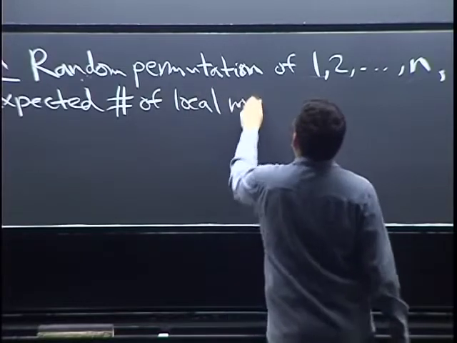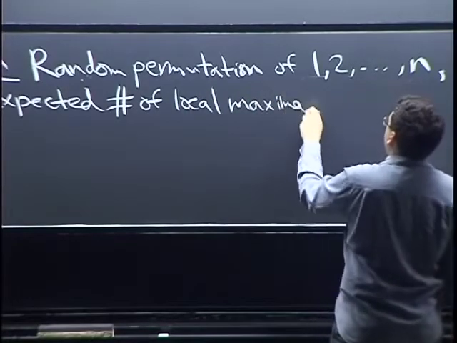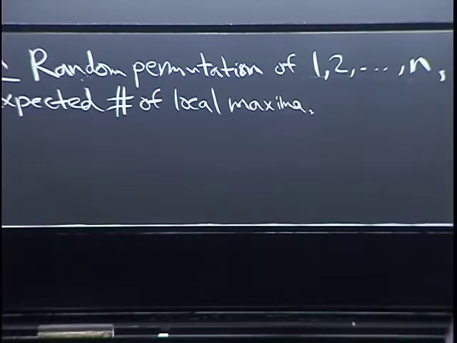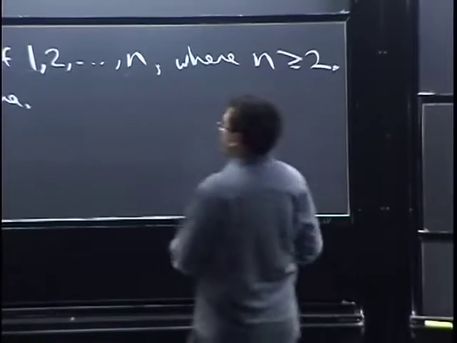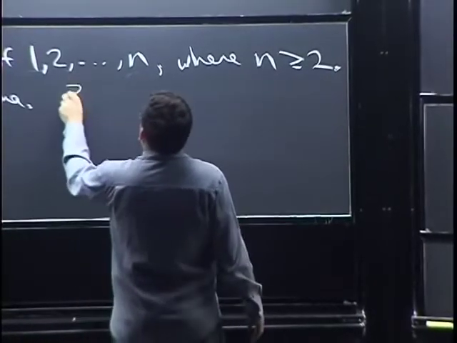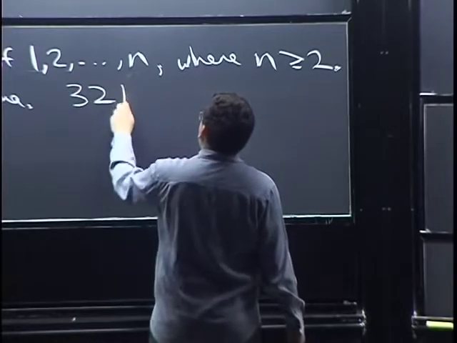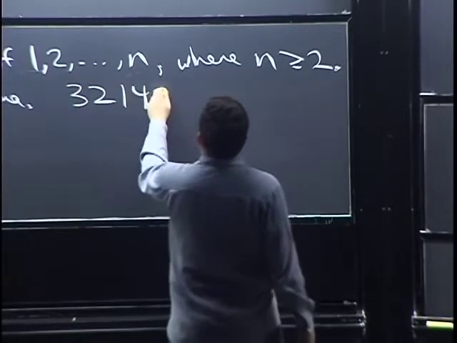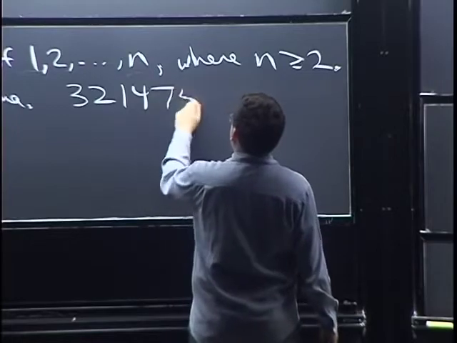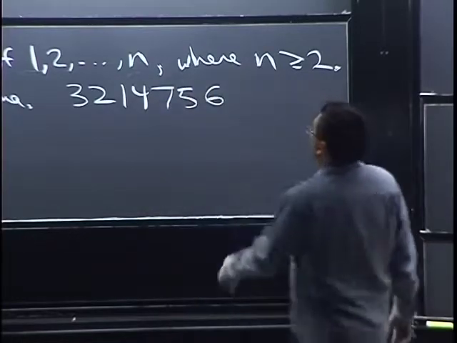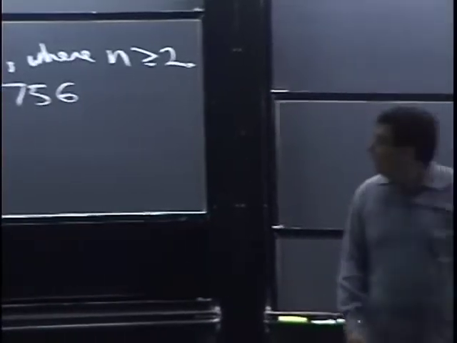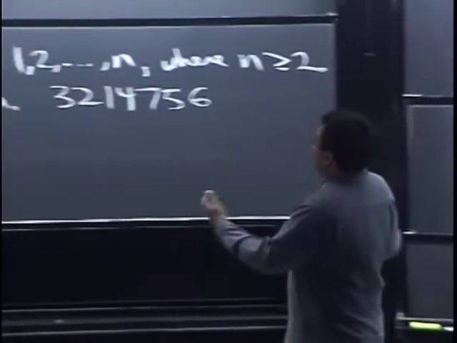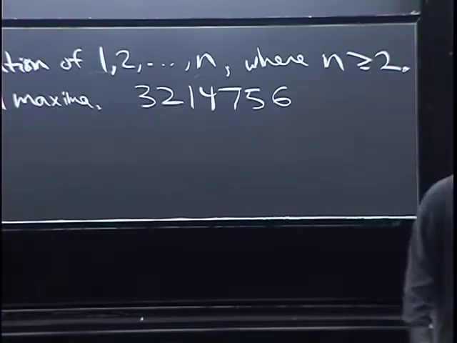And it's easiest to explain what a local maximum is just by making up an example. So I'll just permute some numbers. Let's say we had 3, 2, 1, 4, 7, 5, 6. Okay, so that's a permutation of 1 through 7.